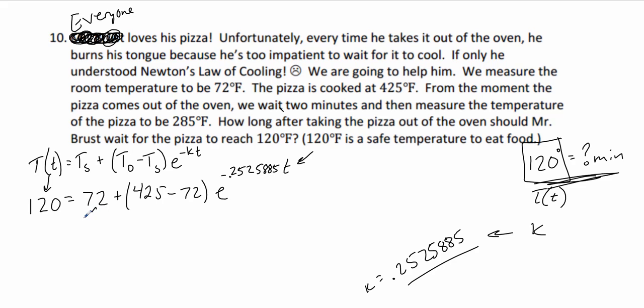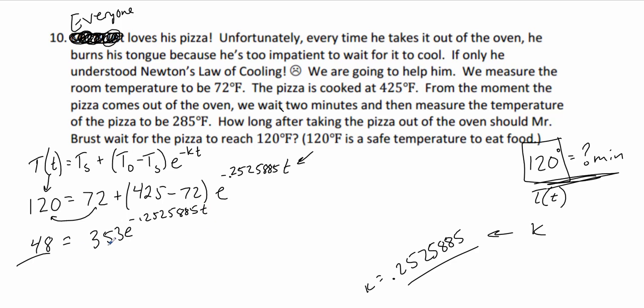So here we go. 120 minus 72 is 48 equals 425 minus 72, which was from before, 353, e to the negative 0.2525885 times t.